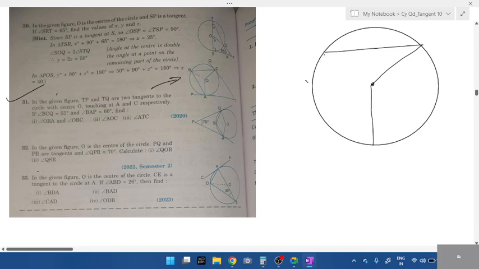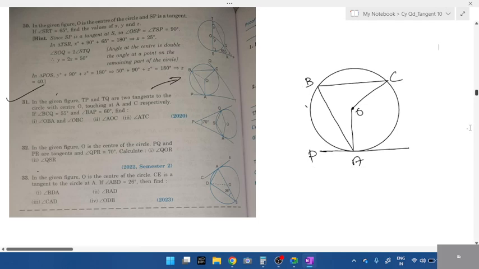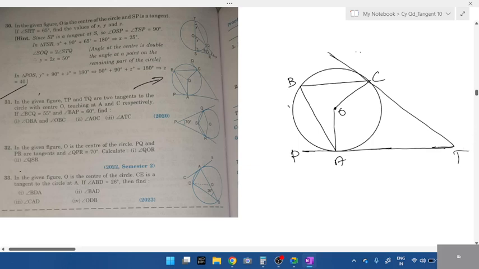See, first forget about theorem and all those things. Try to find the angles. O is given here, B is given, C is given, D, A. Did you copy the diagram, all of you?